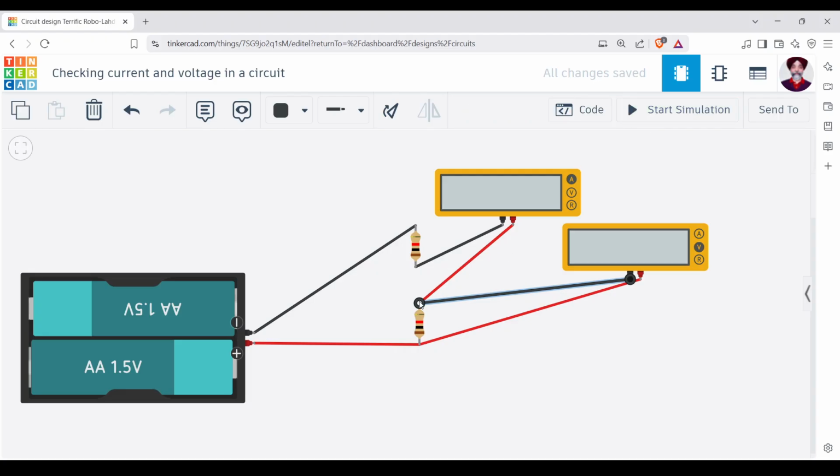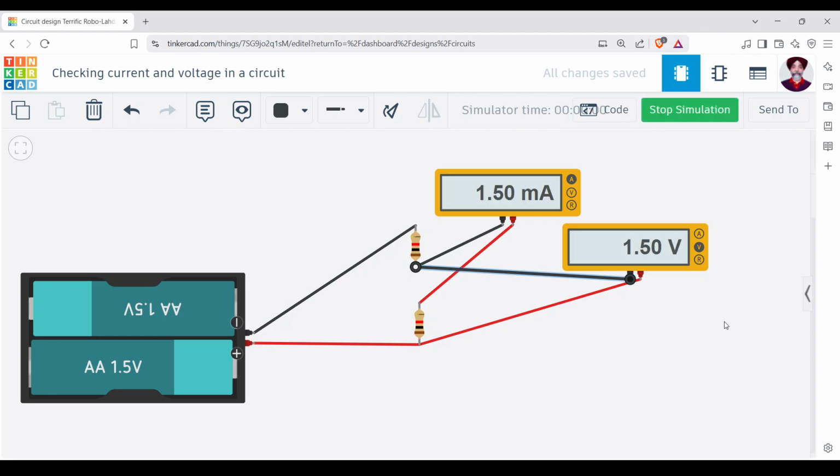Is it going to differ if I bring it here? It is still going to be 1.5 volts because the multimeter is not supposed to have any resistance. So whatever was the voltage at this point is the same voltage at that point. Okay, so I hope this is very clear to you.